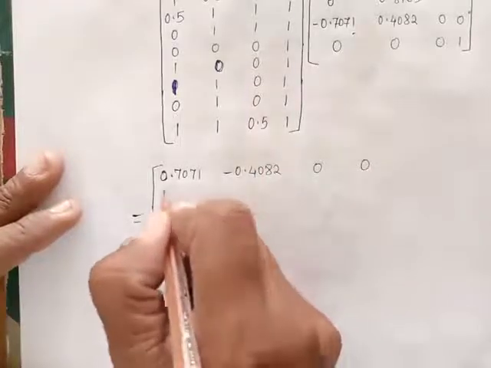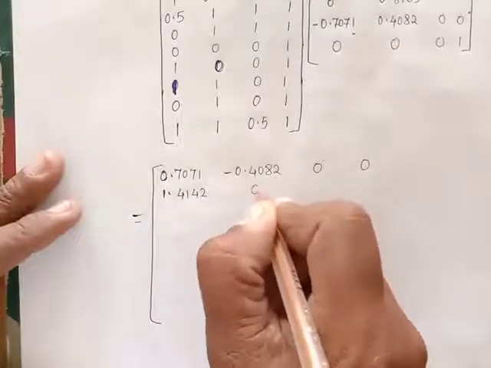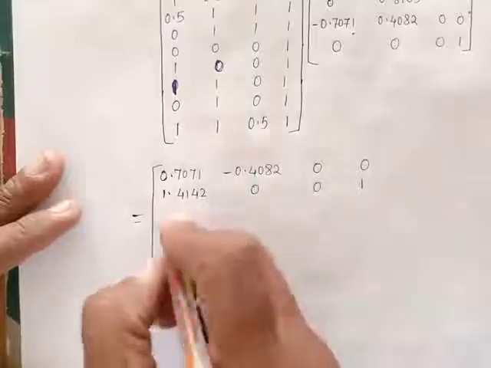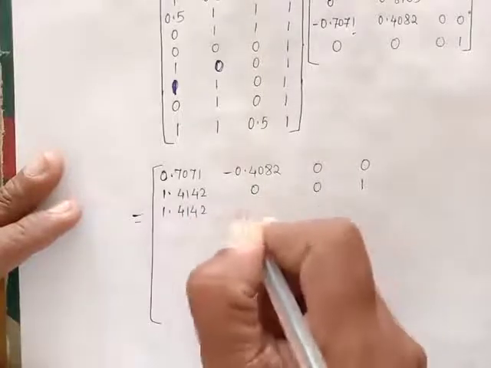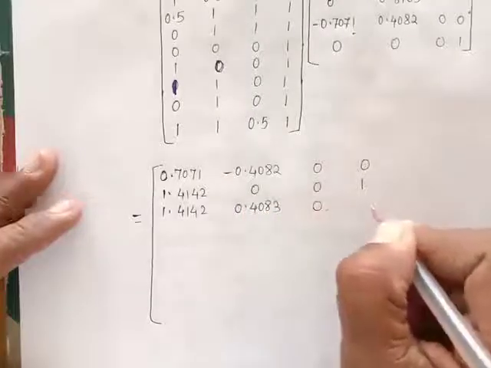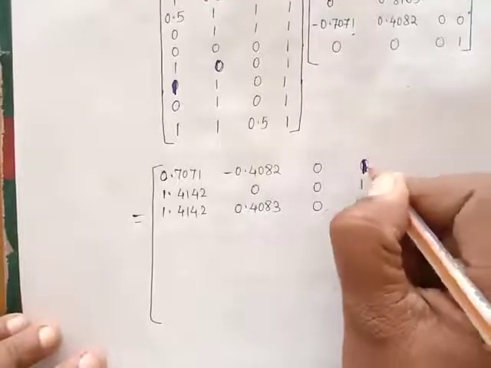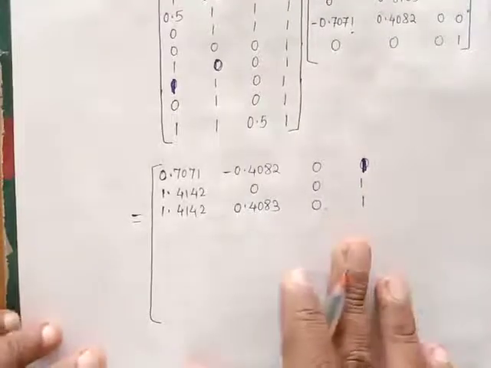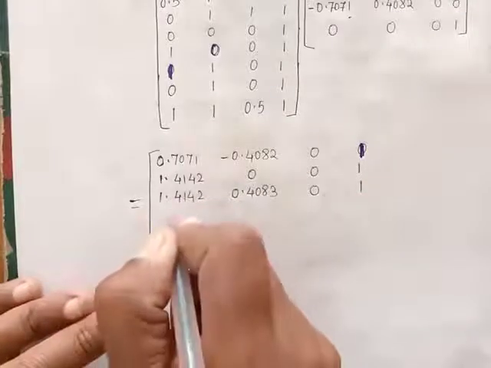Next 1.4142, 0, 0, 1. Then 1.4142, 0.4083, 0, 1. Sorry, here the last entry is 1. It is a homogeneous operator, so we know it is 1. Homogeneous coordinate is that, right?